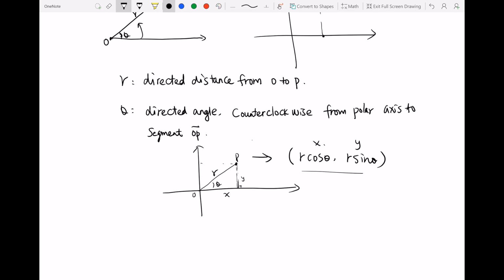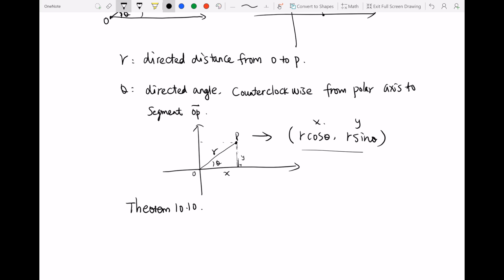So this property gives us a theorem of coordinate conversion. This is just a big theorem right now, right? Actually it's pretty simple, it's not big.